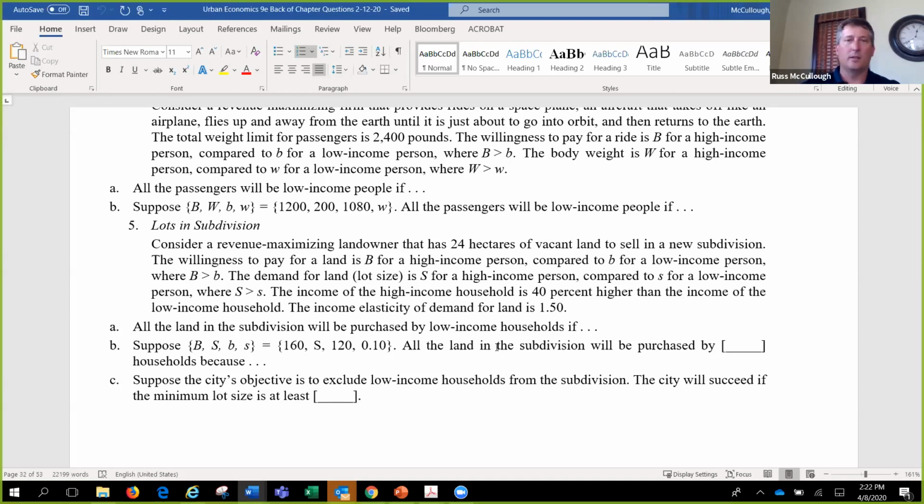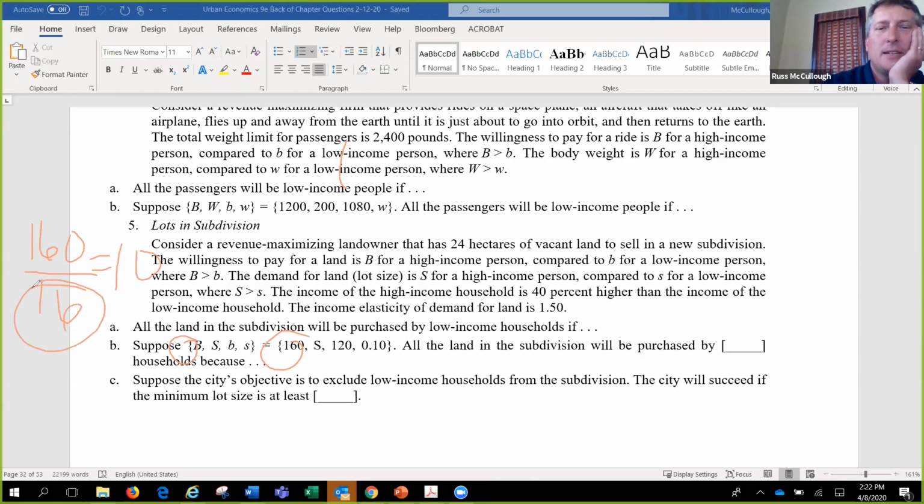So just doing a little quick and dirty math here. If B is 160 and the answer key told us it's 10, so 160 over something equals 10, then last time I checked, that must mean that that's 16. Does that help us crack the code here?